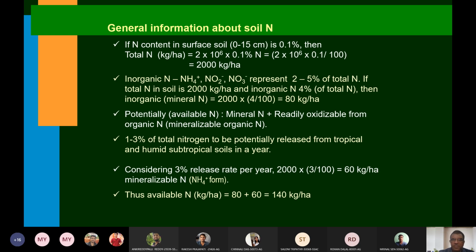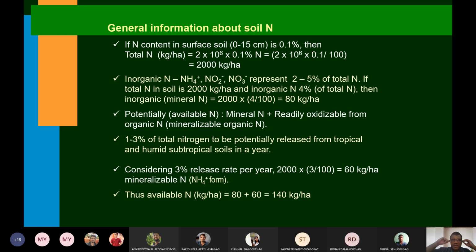It is negligible in soil. It does not contribute directly to plant uptake. It is rather poisonous. If nitrite nitrogen accumulates in the soil, it is poisonous to living organisms. It is poisonous to plants also.